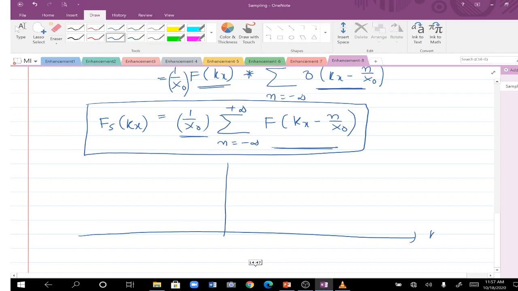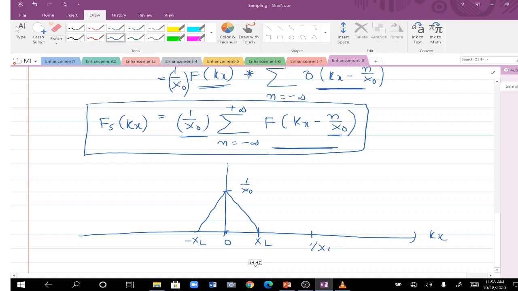This is your kx. For n equal to 0, for example, you have a copy. We assumed that this has value from minus xl to plus xl here. Earlier we assumed magnitude is 1. Now that's getting multiplied by 1 by x naught, right? This is 0. And then the next copy, for n equal to 1, is placed at 1 by x naught.